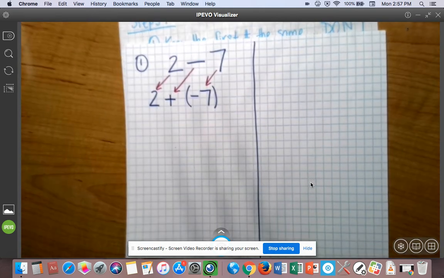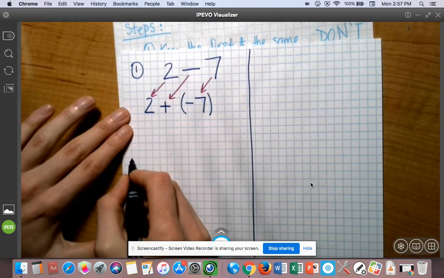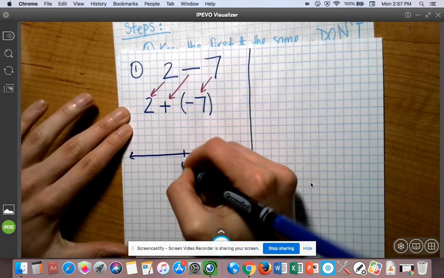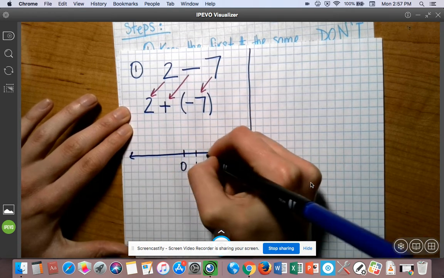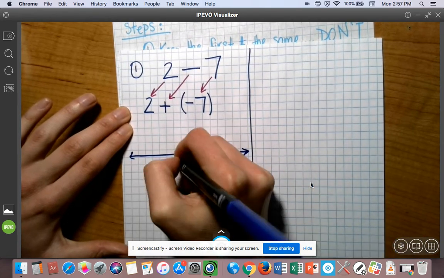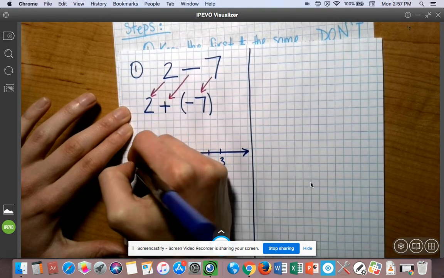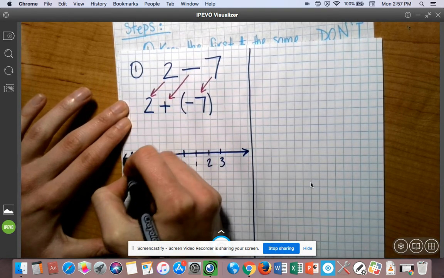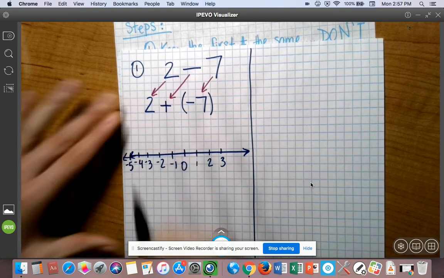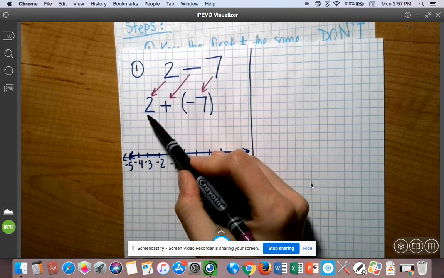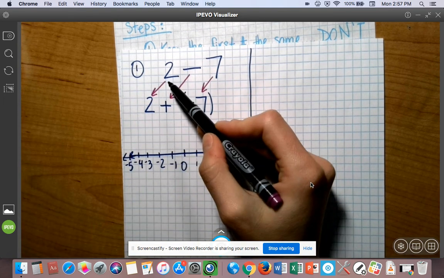We'll look at this really quick on a number line. And this is going to be a very rough picture. 1, 2, 3. Okay, first thing, 2 is my starting number in this, and it's my starting number here.